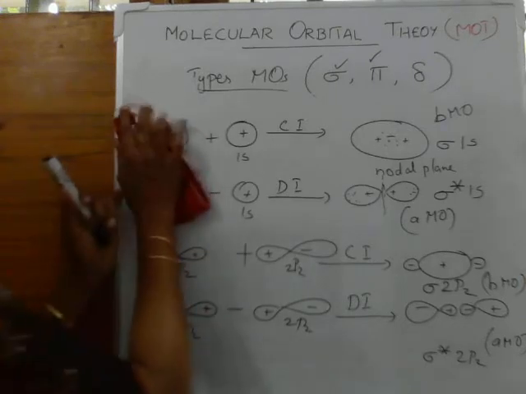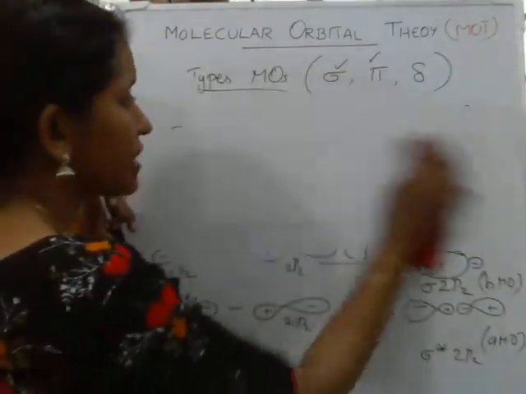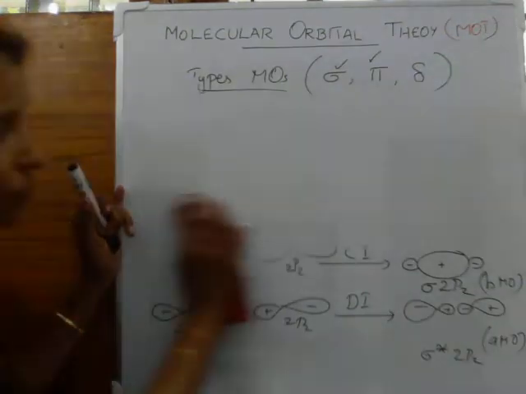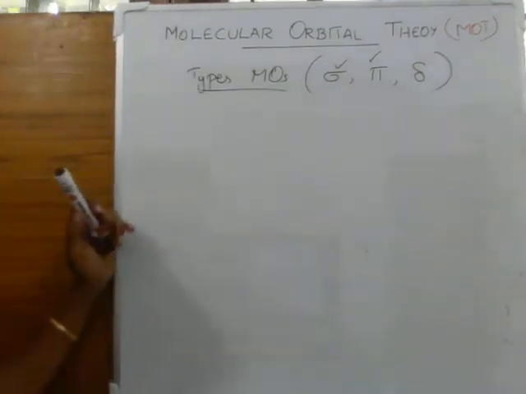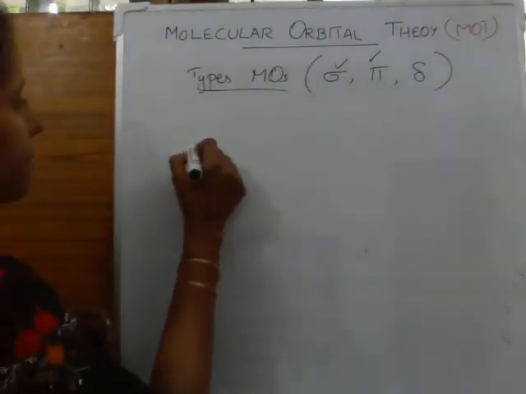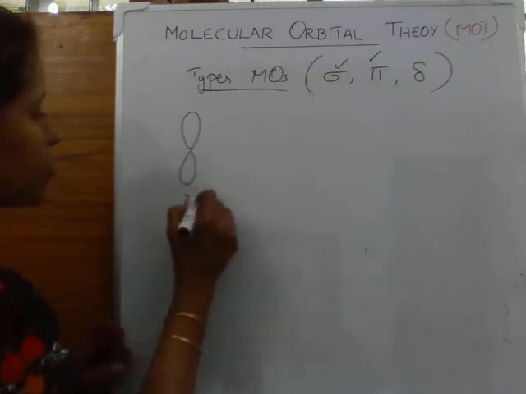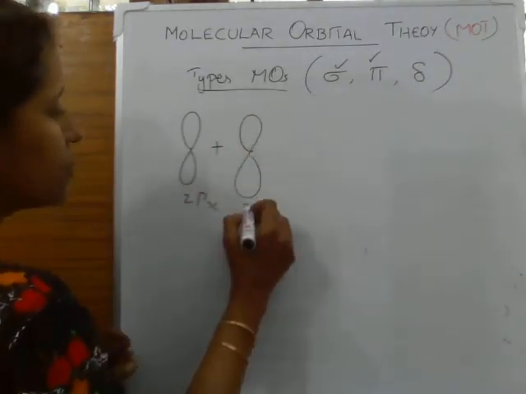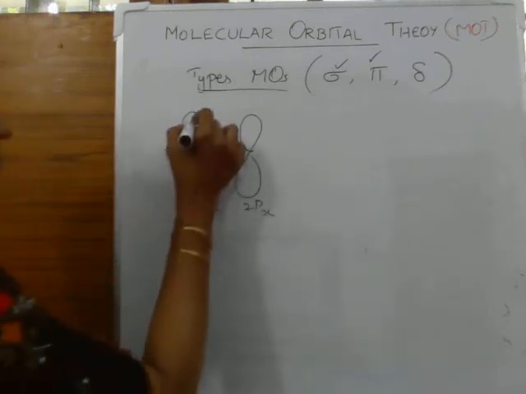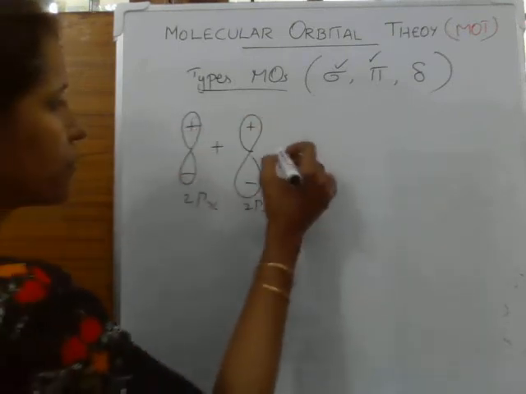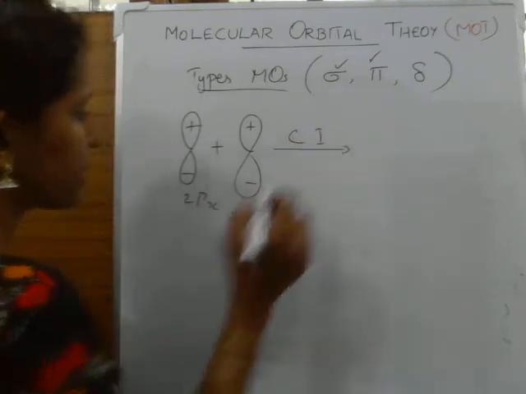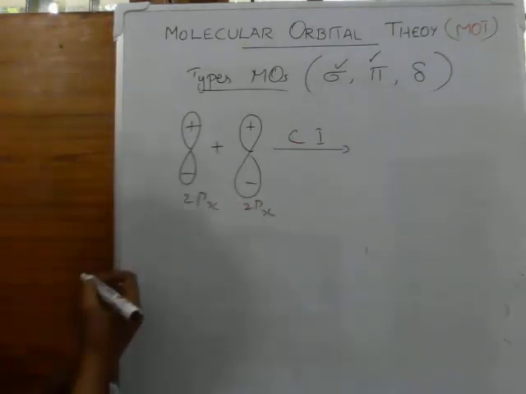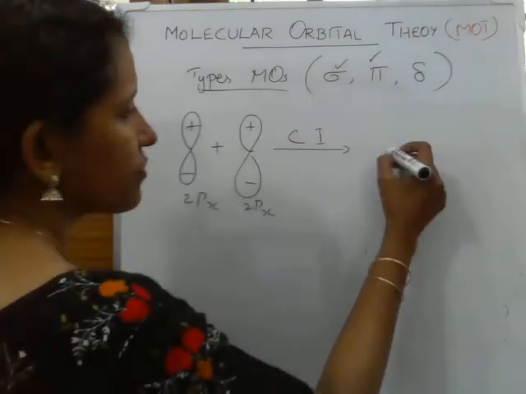Similarly, we can also show the constructive and destructive interference between px atomic orbitals, let it be 2px. This is also 2px, plus lobes, minus lobes. When they undergo constructive interference, addition of the function, what do we get?